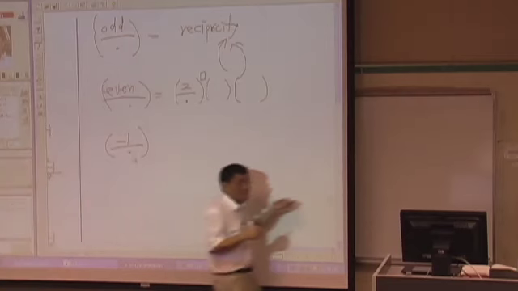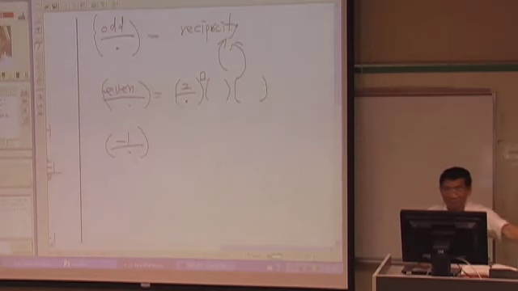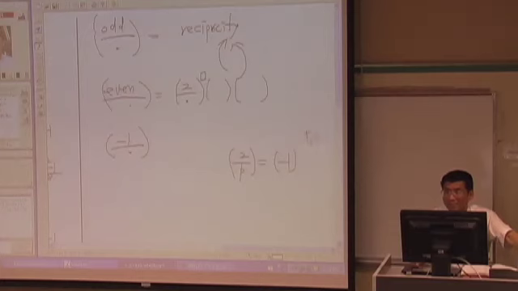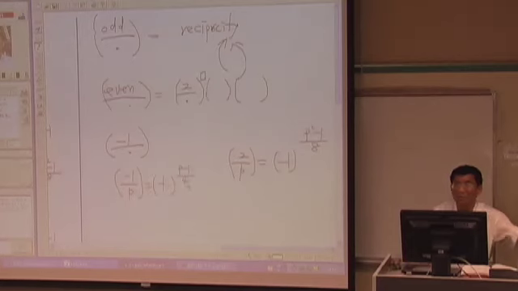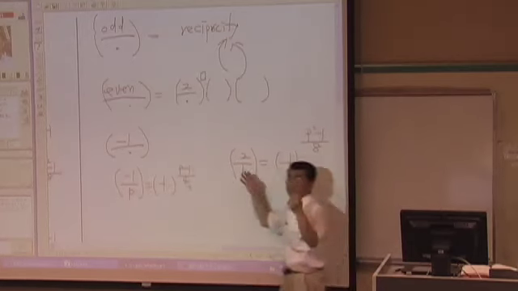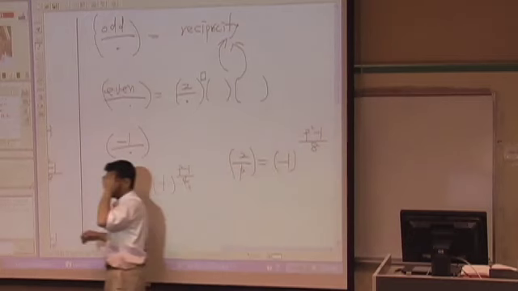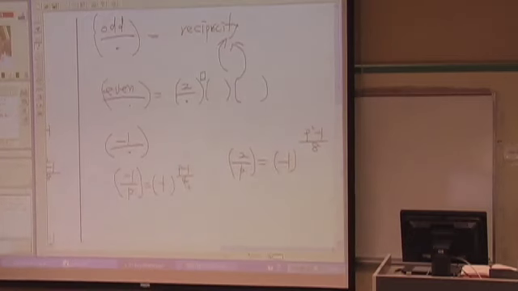Then only 2 cases. When it has 2 over p, it is minus 1 to the power of p squared minus 1 over 8. When you have minus 1 over p, it is minus 1 to the power of p minus 1 over 2. Done, right? Only 2 cases, 2 and negative. So this is the full summary of, in some sense, the whole chapter.